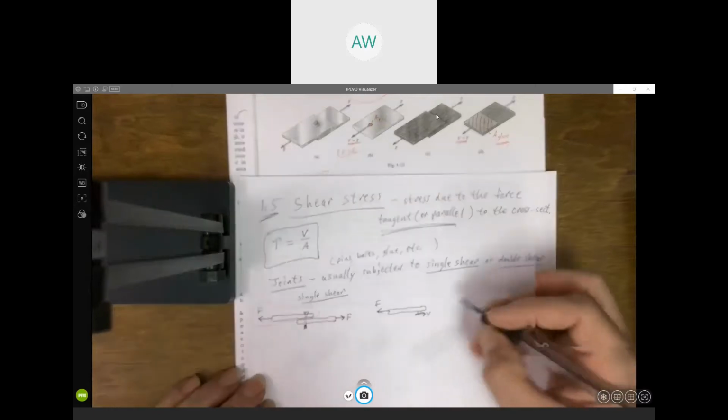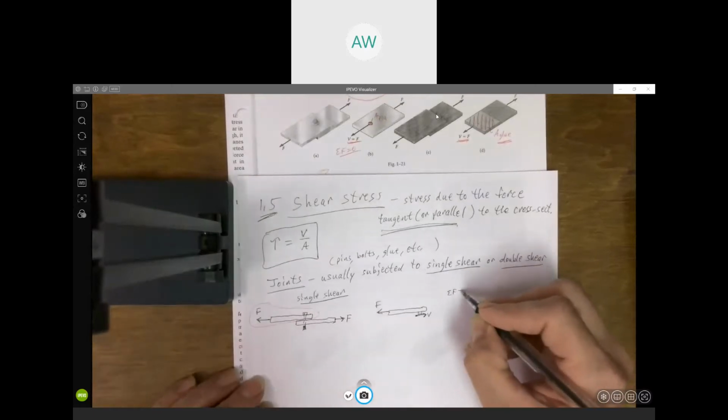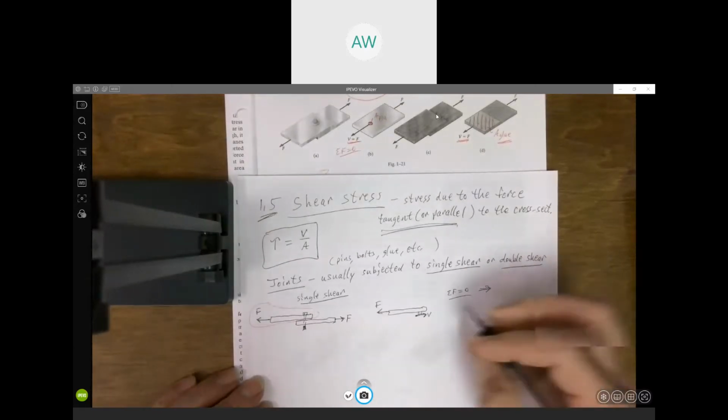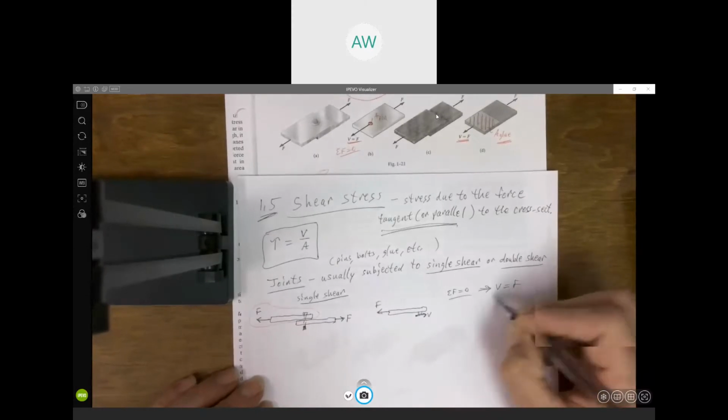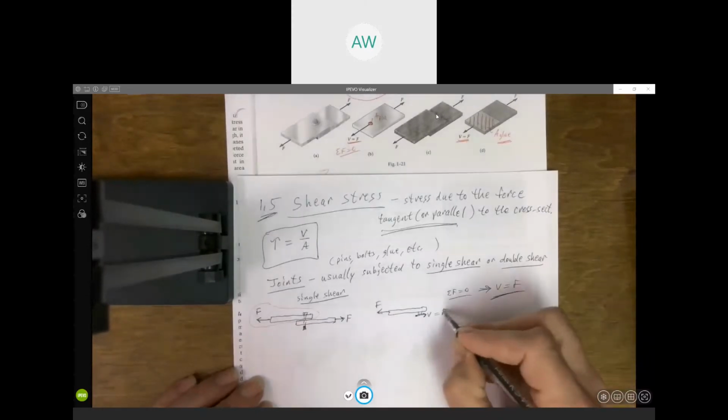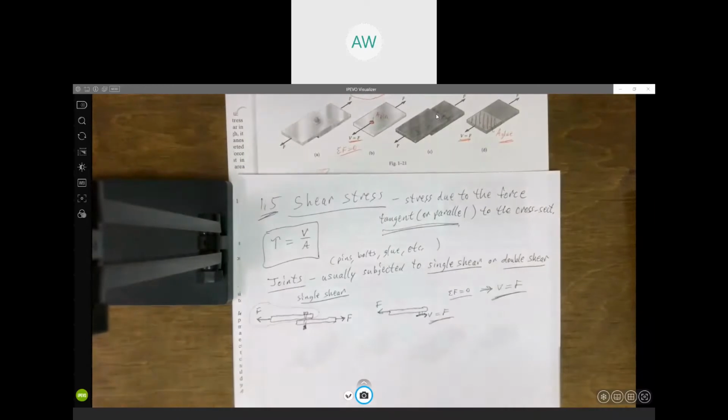And again, with equilibrium, the sum of the forces has got to be equal to 0. So V has got to be equal to F. So it's just kind of a 2D version of what we looked at up there in 3D. But this is what we call single shear.